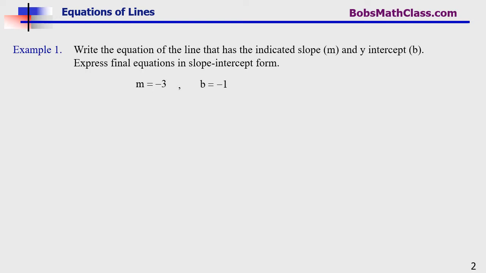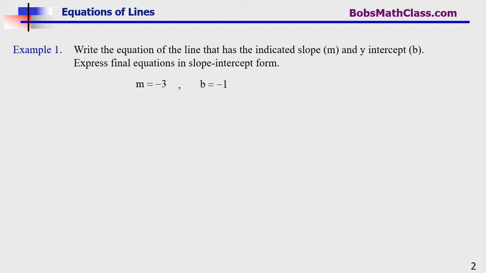Here's our first example. Write the equation of the line that has the indicated slope. So the word slope, I know it starts with an S, but we use the letter m for slope. Probably in Latin, the word for slope starts with an m. That's my guess. And the y-intercept is b. So we're going to use y equals mx plus b.